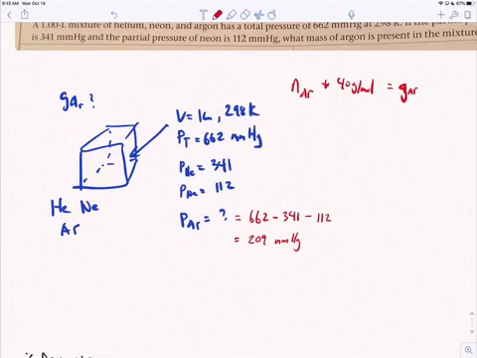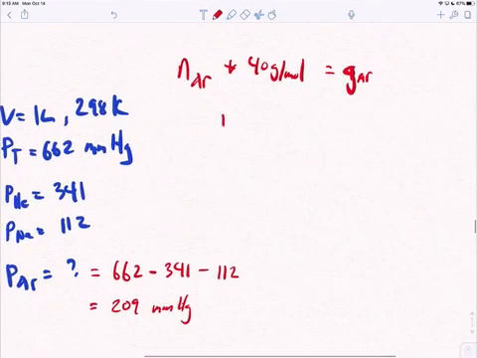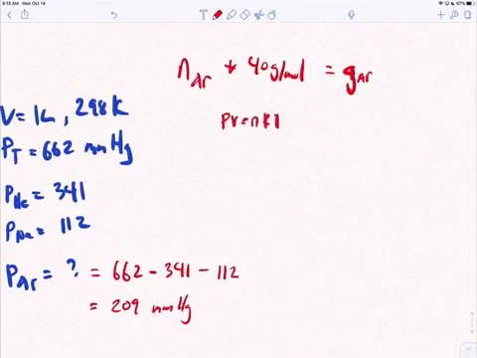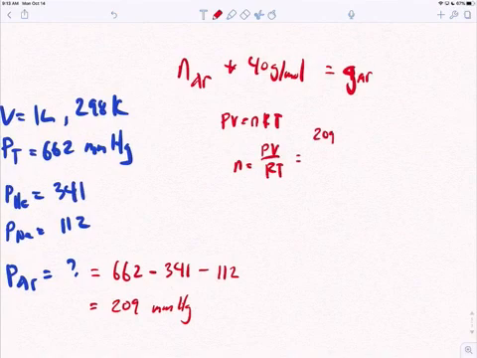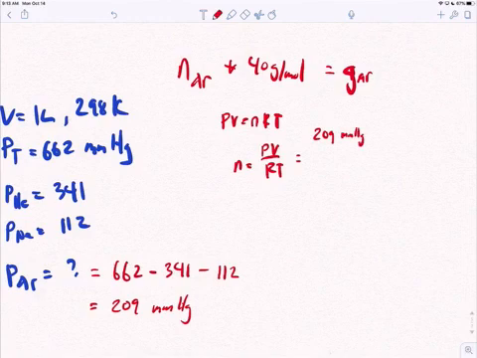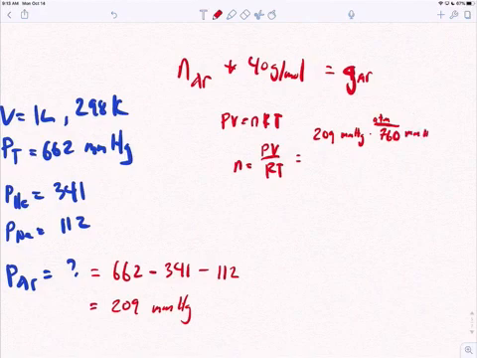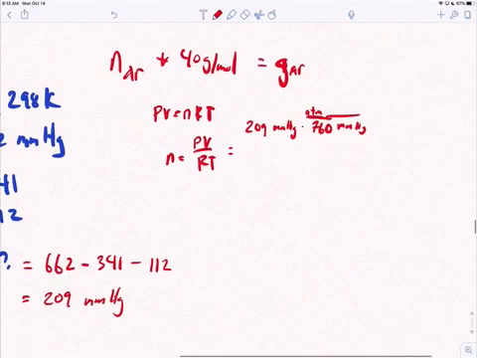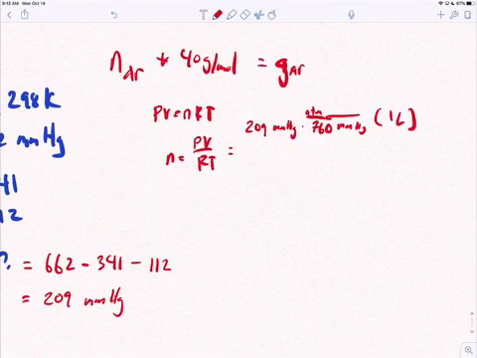Okay. So ideal gas law, PV equals nRT. n equals PV over RT. We already know the pressure, 209 millimeters of mercury times atmosphere per 760 millimeters of mercury. Volume is 1 liter.